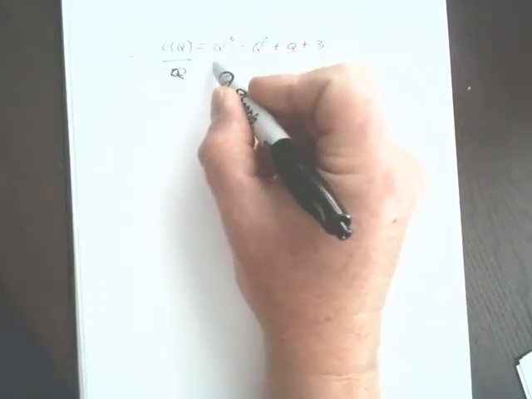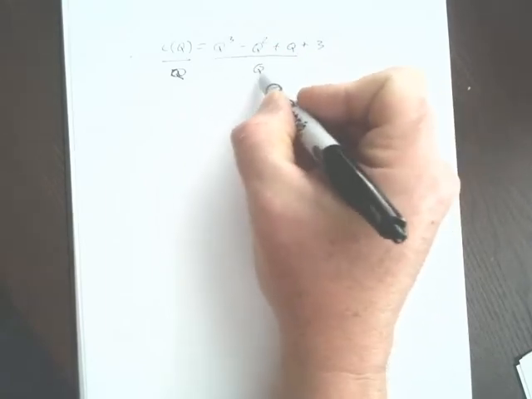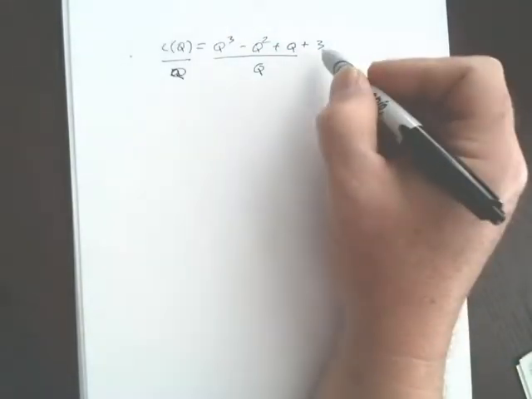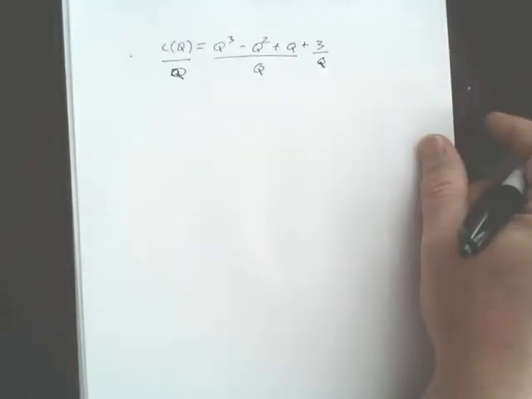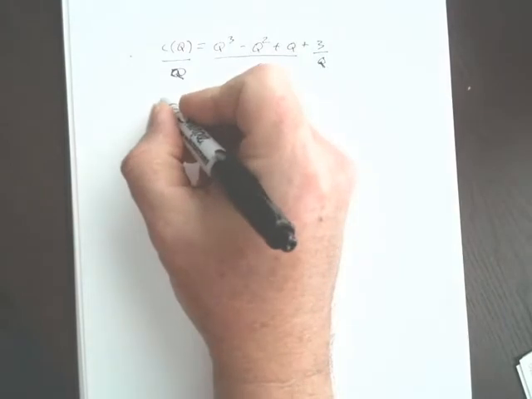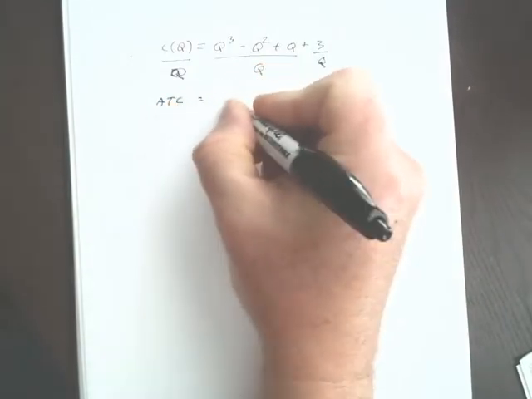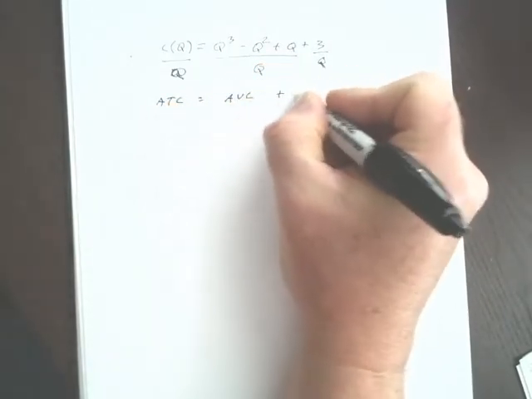When we divide this portion by Q, of course that would be AVC, and when we divide this portion by Q, that would be AFC. So this would be average total cost equals average variable cost plus average fixed cost.